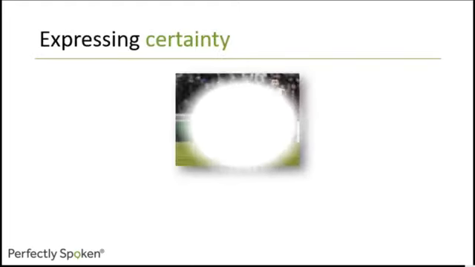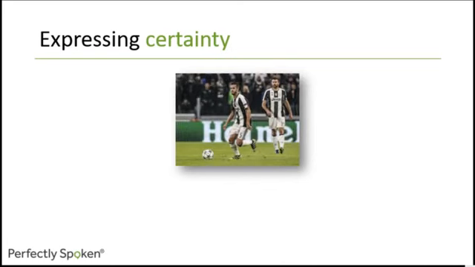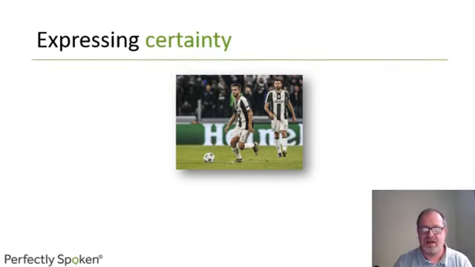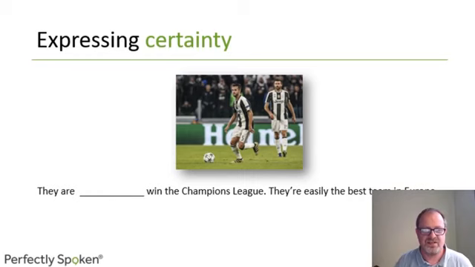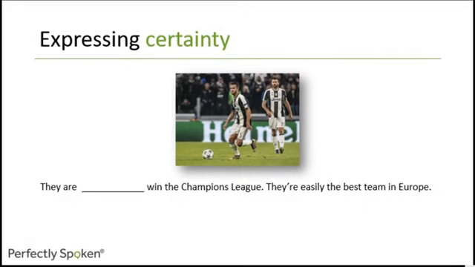Okay, let's look at another example now. Okay, there's a picture of a football team. I think it's Juventus in this case, the Italian club. And here's an example sentence. Oops, I have to disappear so you can see it.